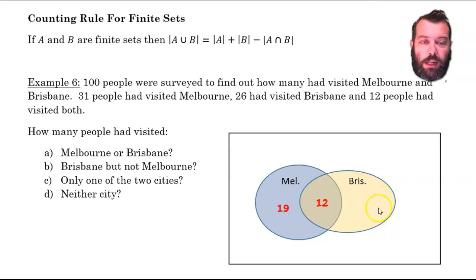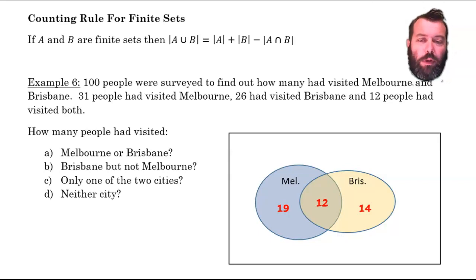And if 12 plus something makes 26 people who've been to Brisbane, then that something will be 26 minus 12, or 14. So 19 people have been to Melbourne only, 14 to Brisbane only, 12 have been to both, and we can see there's my 31 together, there's my 26 together. That matches the information in the question.